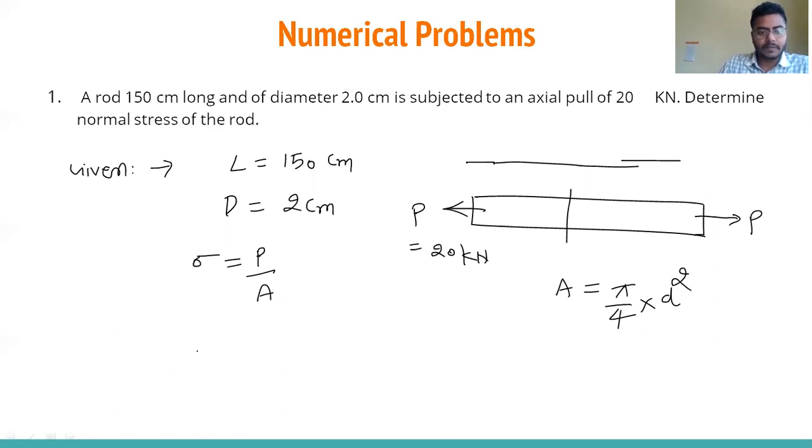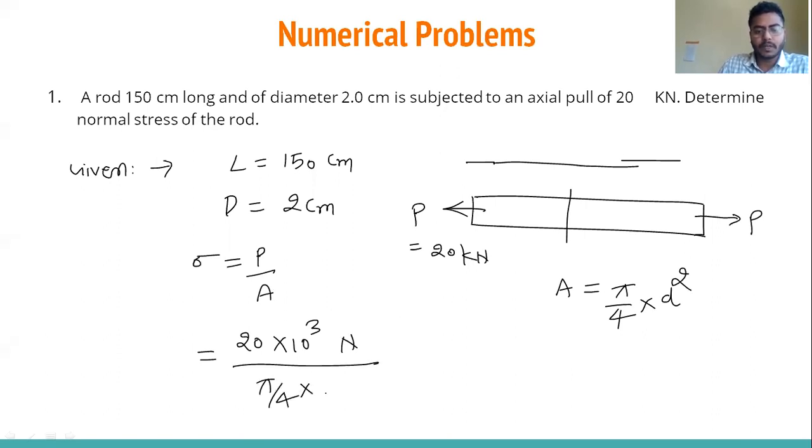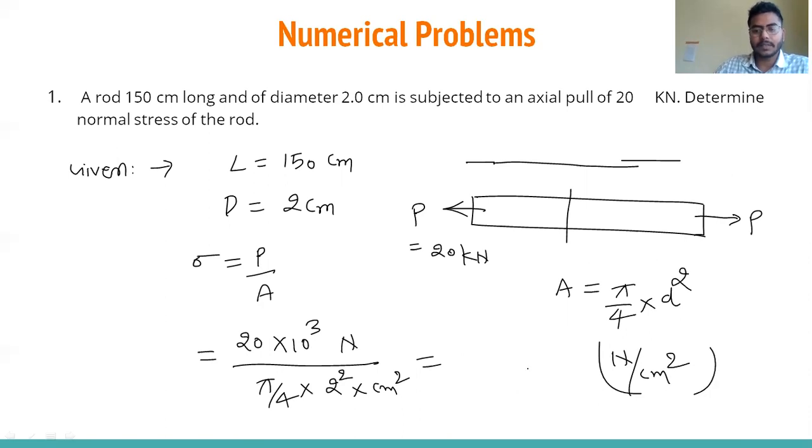P is given, so directly we can apply the formula, that is 20 kilonewton, so I'm writing 10 to the power 3, that is Newton, divided by pi by 4 into 2 square centimeter square. So it will come in Newton per centimeter square. What is coming? Let's calculate.